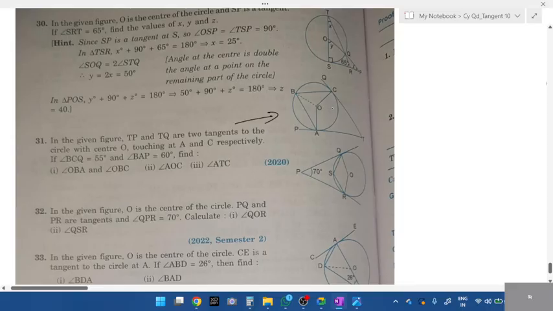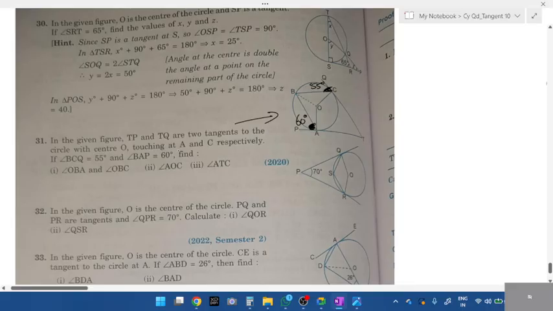If BCQ is 55, where is BCQ? Okay, the exterior one. If BCQ is 55, can you see 55 degrees where I have written? BAP, this angle is 60 degrees.